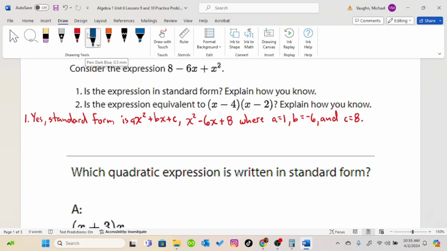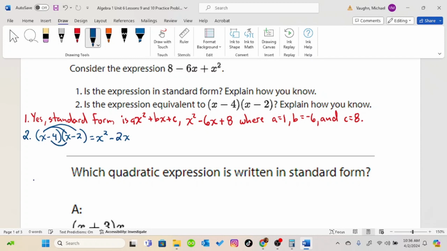Number 2. Is the expression equivalent to x minus 4 times x minus 2? If we use the distributive property, or FOIL, x times x is x squared. X times negative 2 is minus 2x.